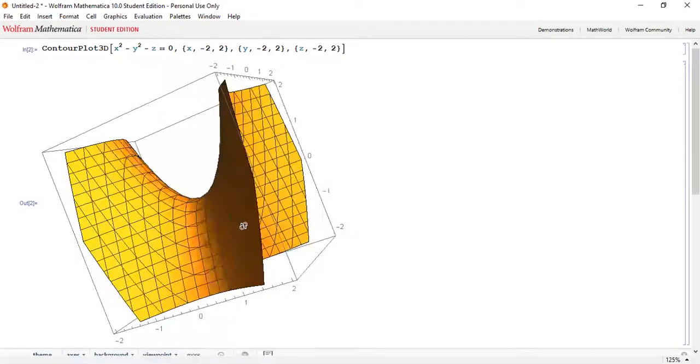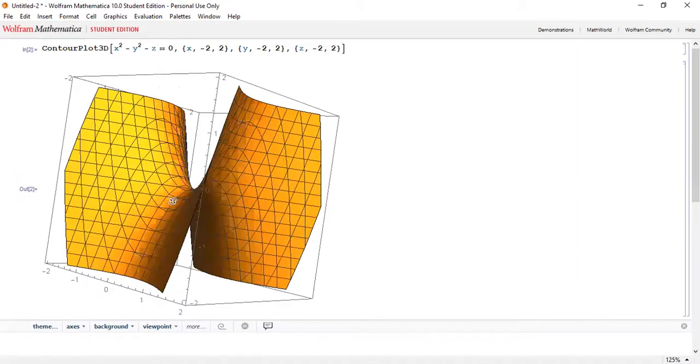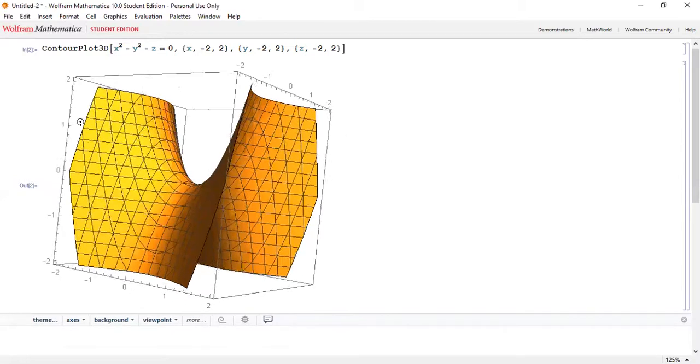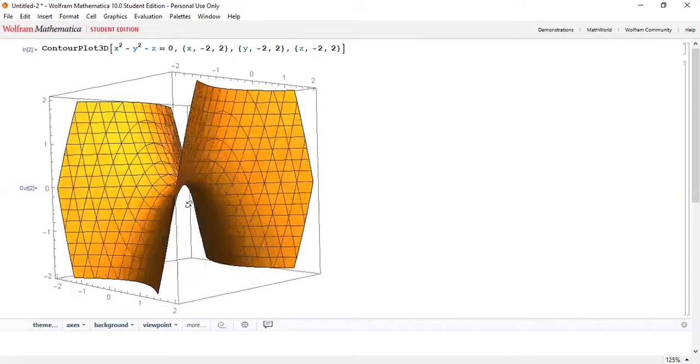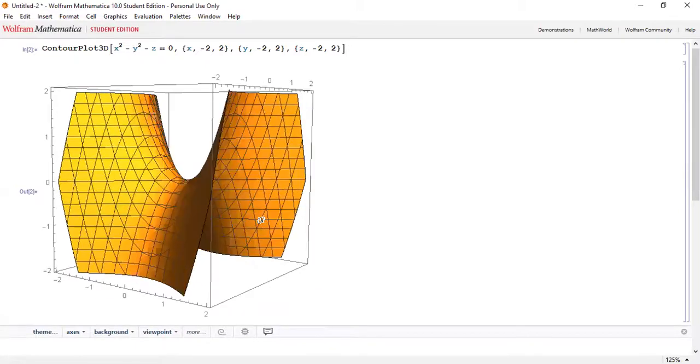And when we move along the x direction, the function has a minimum at this point. So this is like a saddle, like a horse saddle.